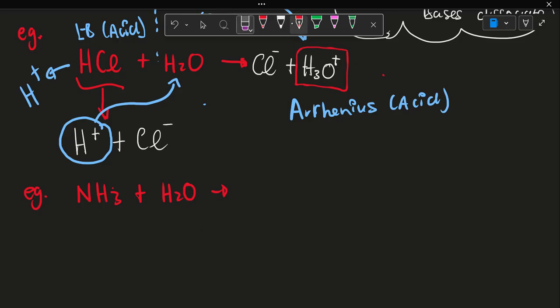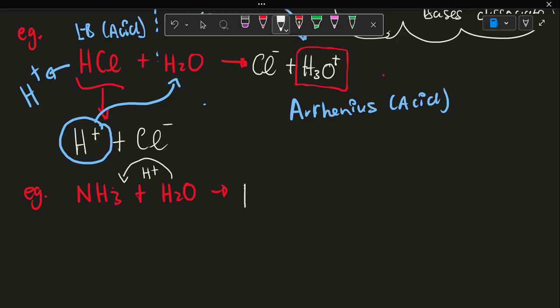What actually happens is that NH3 is a base. What is a base by definition of the Lowry-Bronsted theory? A proton acceptor. So H2O will give away a proton to NH3.